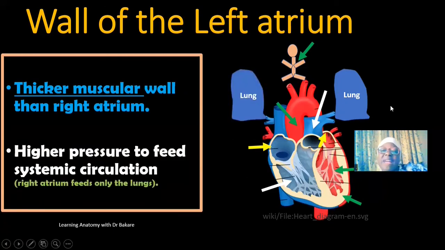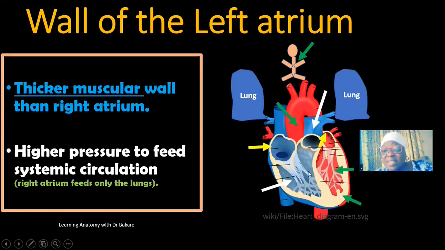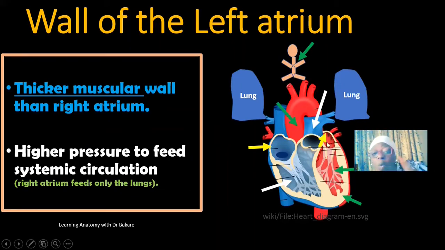We've justified that it needs higher pressure at the left atrium because it is pumping to feed the different organs in the body with oxygen and nutrients after pumping into the left ventricle, while the right atrium is pumping just to the lungs. The left atrium is doing more work than the right atrium, and this is justified by the structural configuration in terms of thickness. So the left atrium has a thicker wall than the right atrium.